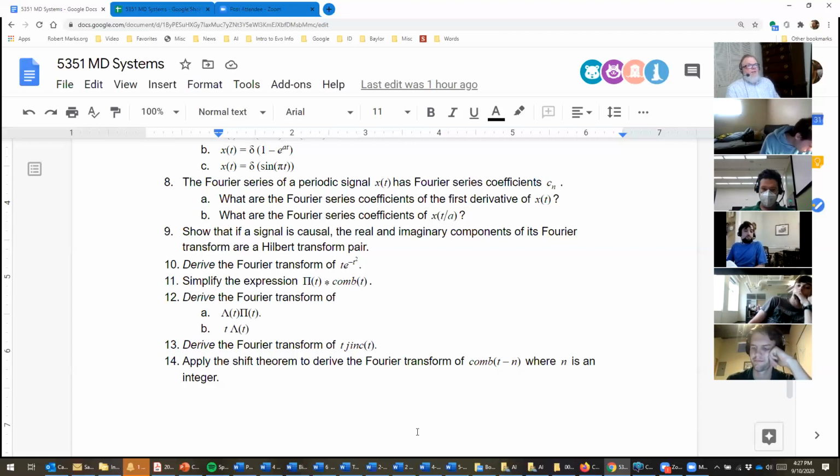So the duality theorem again says you differentiate in time, you multiply by j2 pi u in the frequency domain. The dual of that is if you differentiate in the frequency domain, you multiply in the time domain by a minus j2 pi t. So I think that's probably the easier way to do it.